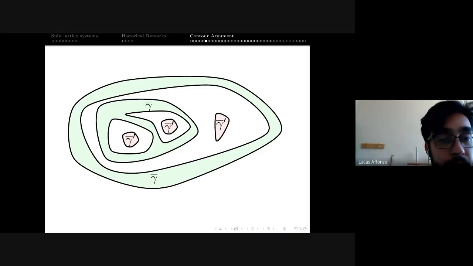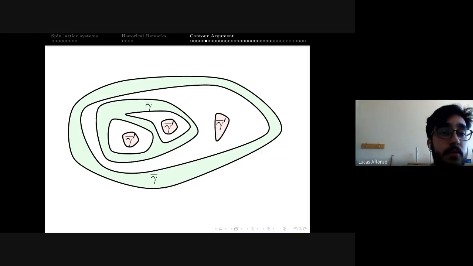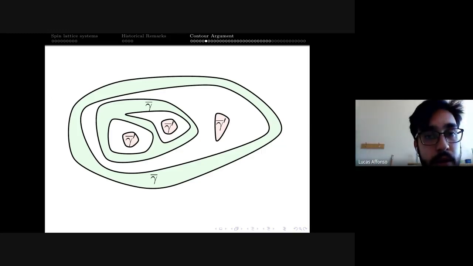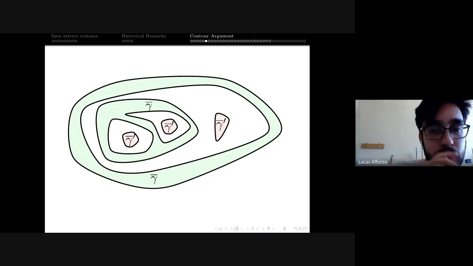And gamma prime is in three different connected components, in three different white regions. So this partition violates the condition of being in only one connected component of the complement. They should all be in only one white region. And in order to fix this, each connected component of gamma prime should be broken into another element.